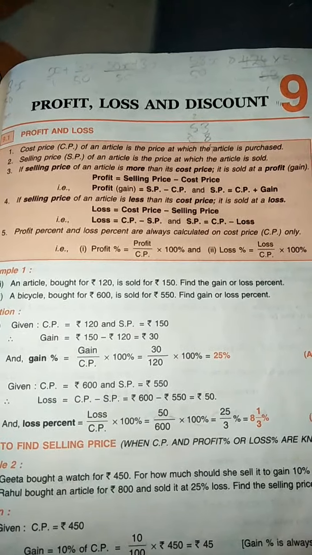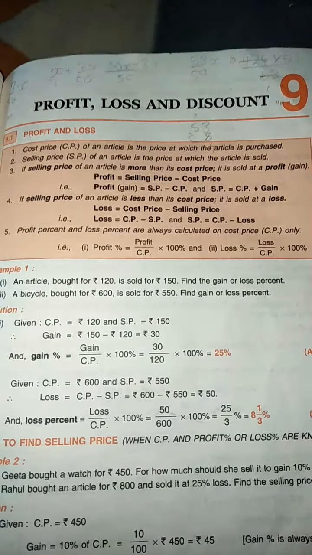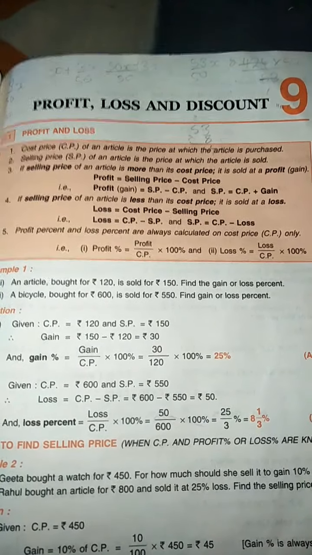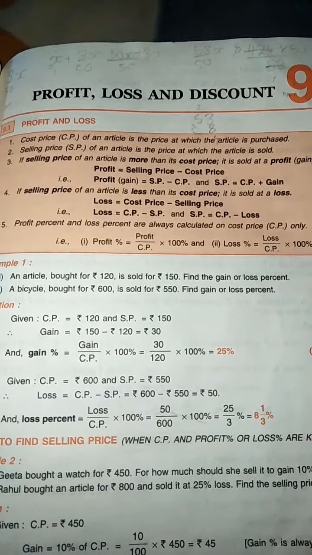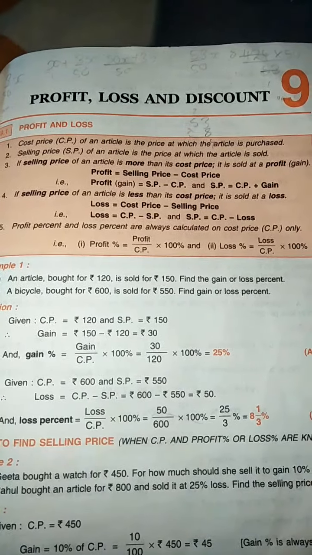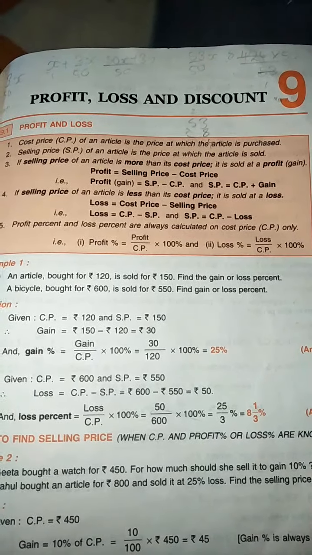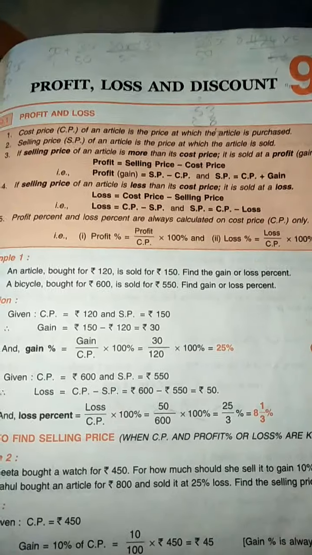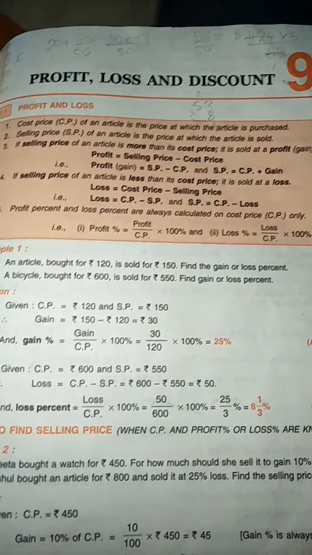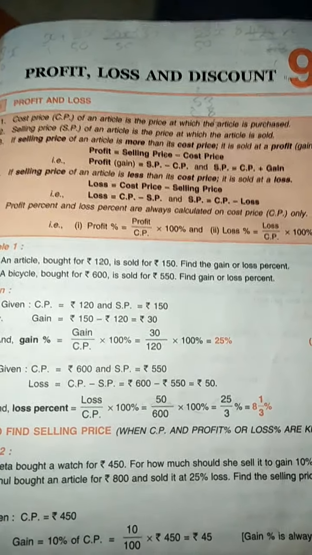So one thing is cost price, at which you are purchasing something, and one thing is selling price, at which you are selling something. Then comes profit. If your selling price is more than the cost price, then it's your profit time. And if your selling price is less than your cost price, then it is your loss time.